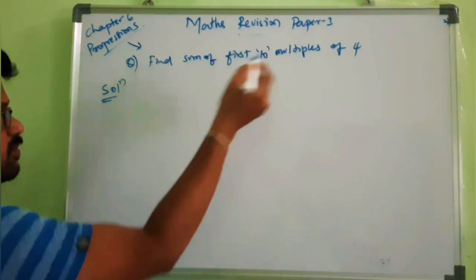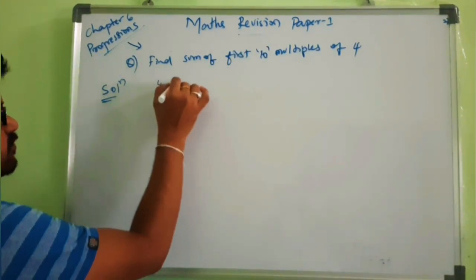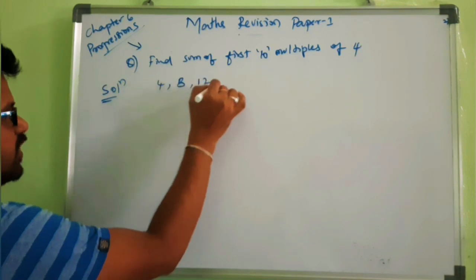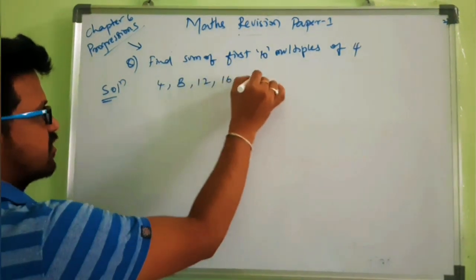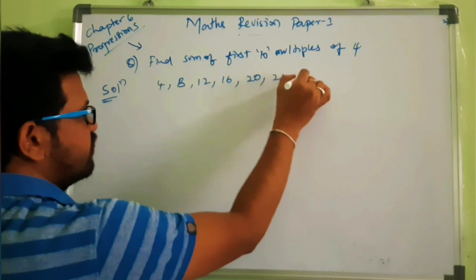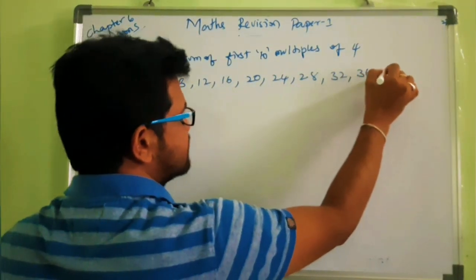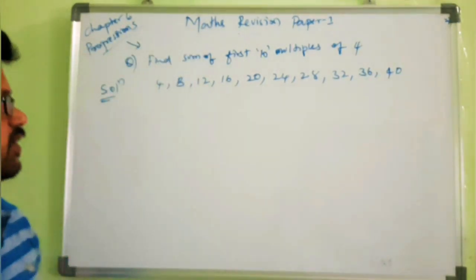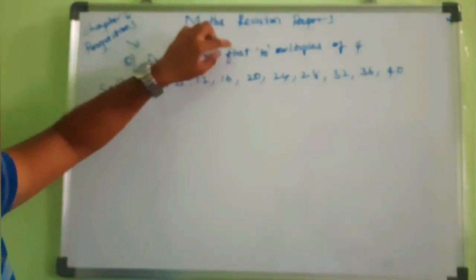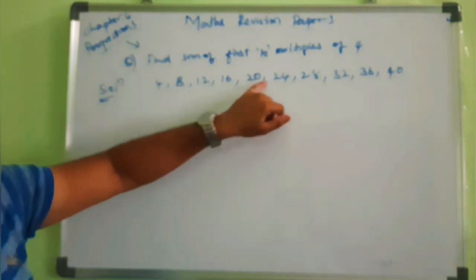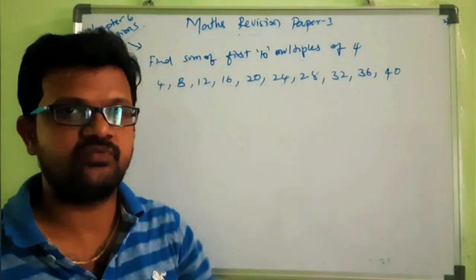Multiples of 4. First 10 multiples: 4, 8, 12, 16, 20, 24, 28, 32, 36, 40. First 10 multiples of 4, that is 1 to 10, the 4 table.